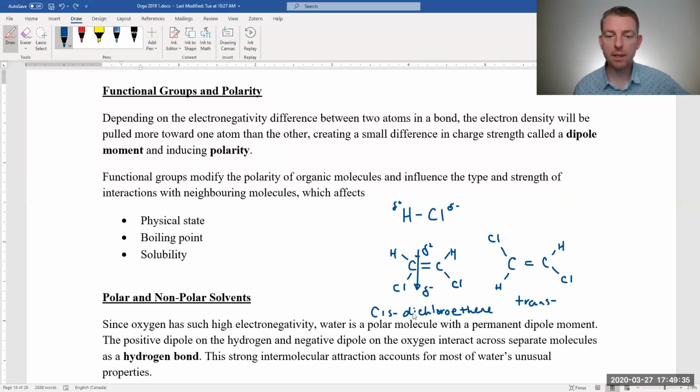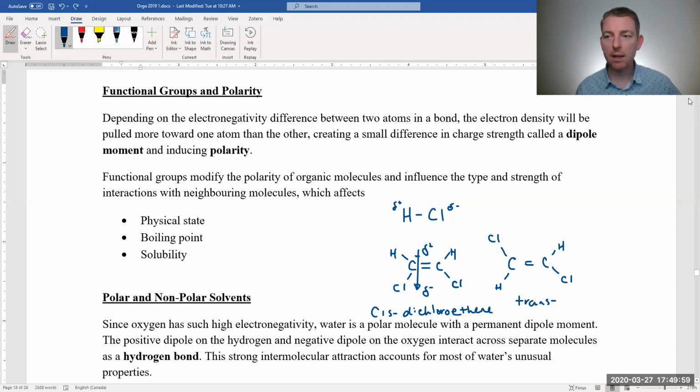As opposed to, say, the cis variation, the cis isomer. Now, if we stack another one up, so its negatively charged dipole moment will be attracted to another molecule's positively charged side. So these are going to have a higher boiling point. It's going to take more energy to pull those molecules apart than something that doesn't have that dipole moment.